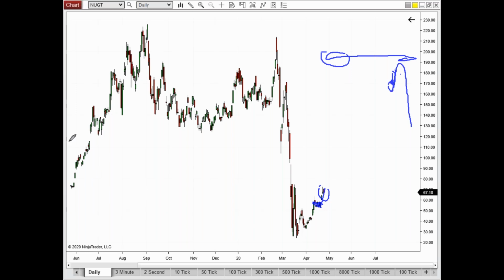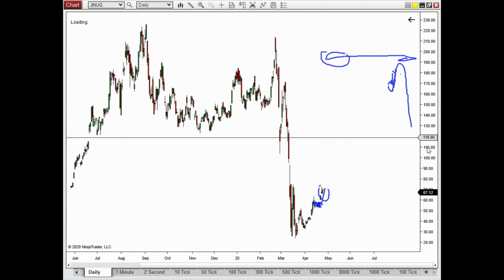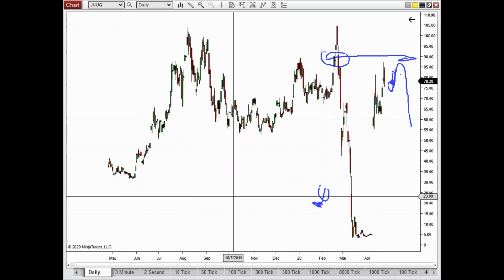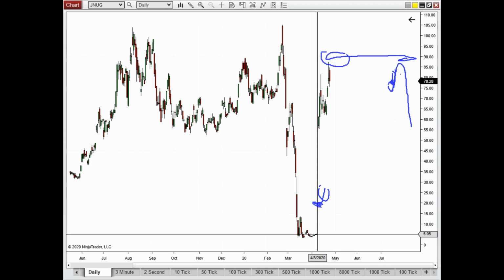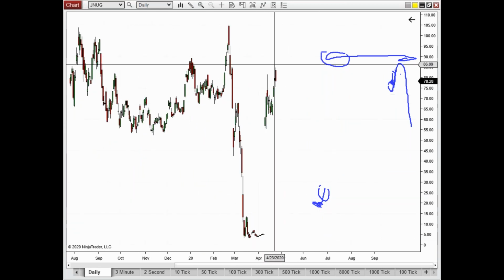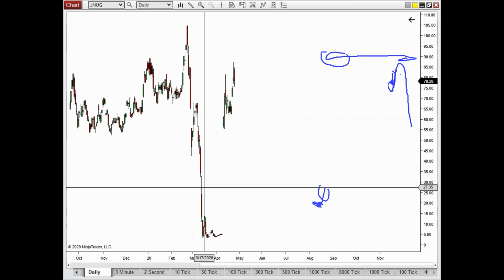JNUG is the 3 times. Yeah, so a lot of the ETFs, they're 2 times, 3 times the underlying commodity. So that makes the volatility really crazy. Oh my gosh, look at that. $5. So you can see the split on there.